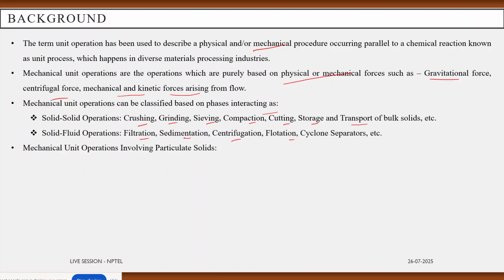So, moving onwards to the mechanical unit operations involving particulate solids.